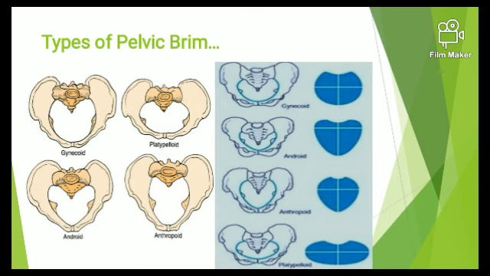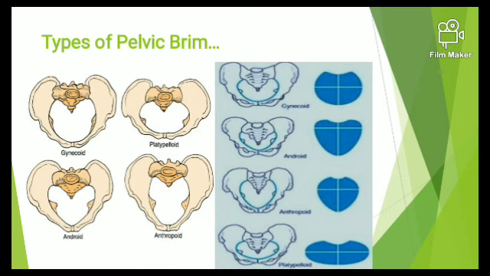Next we have the other two types, anthropoid and platypelloid. Anthropoid has an elliptical pelvic brim, but the main disadvantage is its obstetrical diameter is narrow, so the baby won't pass through it, and that is also not recommended for normal delivery. Next, the platypelloid type, where the pelvic brim is flattened but has a shorter obstetric diameter.